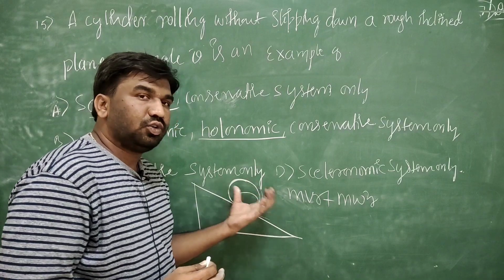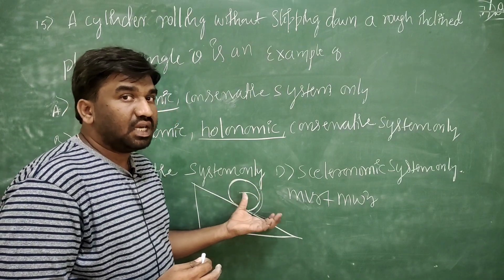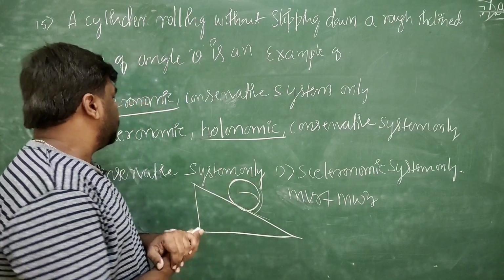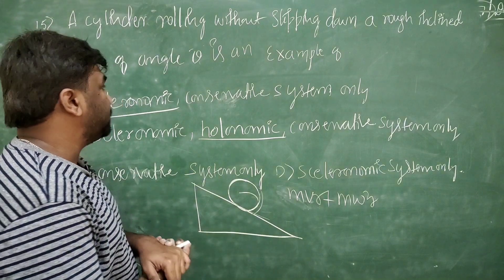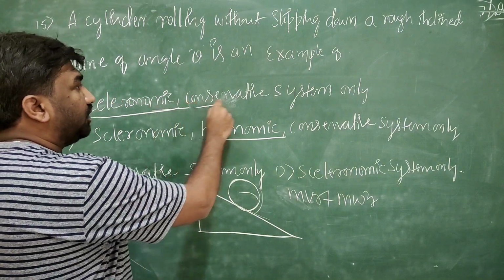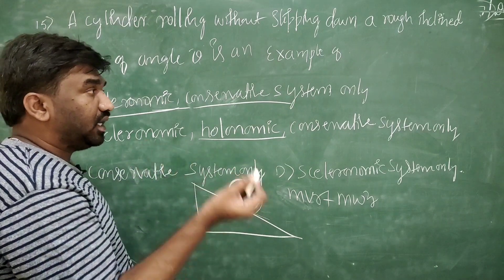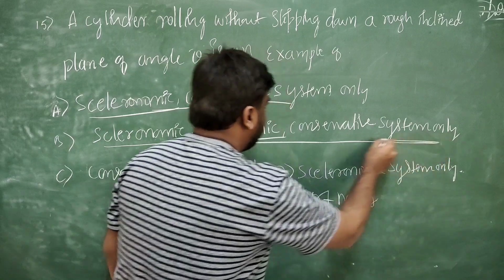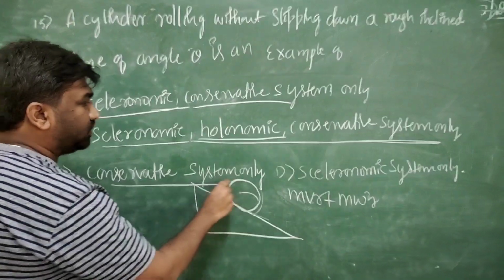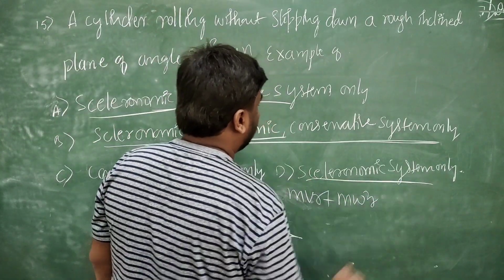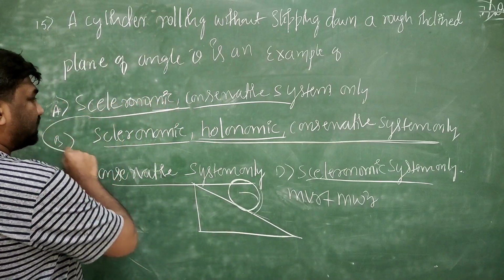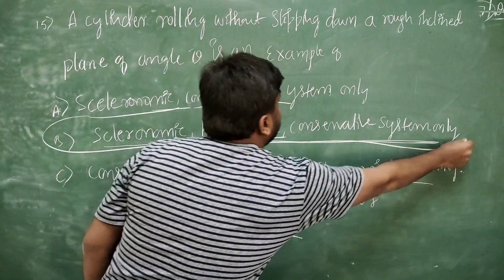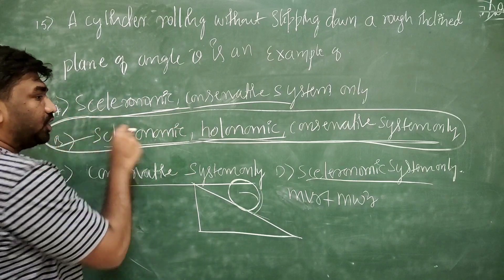Here it also does not depend on time. And it is a conservative system. Is it scleronomic conservative system only? No, because it is also holonomic. So it is scleronomic, holonomic and conservative. So option B is correct.